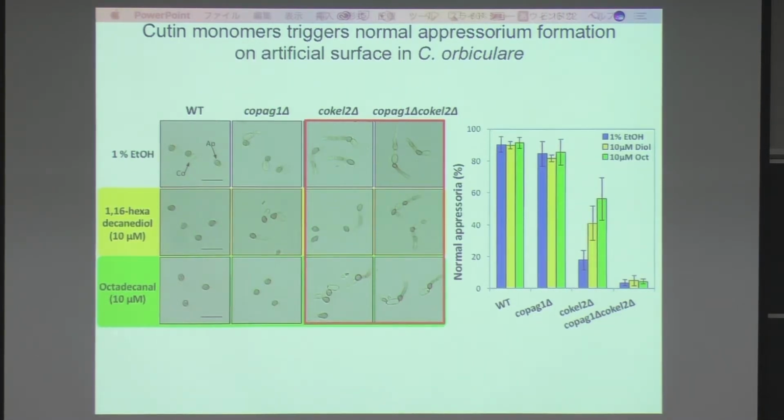In the presence of these cutin monomers, the normal appressor formation of COK2 was effectively restored, while the double mutant was not restored, indicating that these cutin monomers function as a signal molecule.